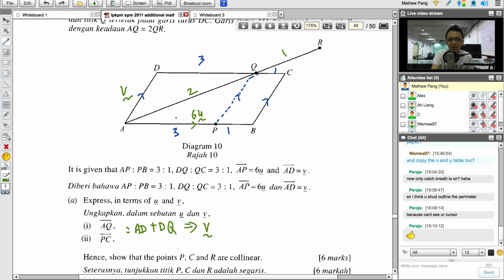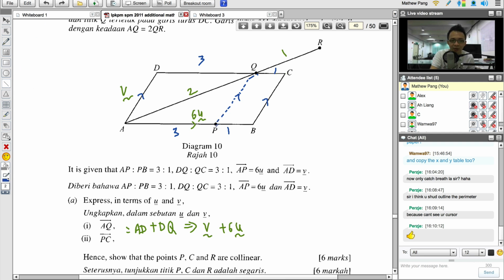So plus 6u. That's all. Alright. The next one, PC. P to C, this one. Let me use a straight line, it will be better. So from D to C. Okay, D to C.